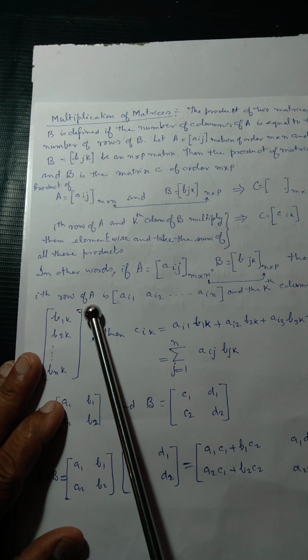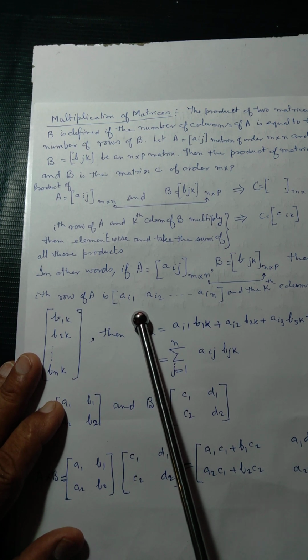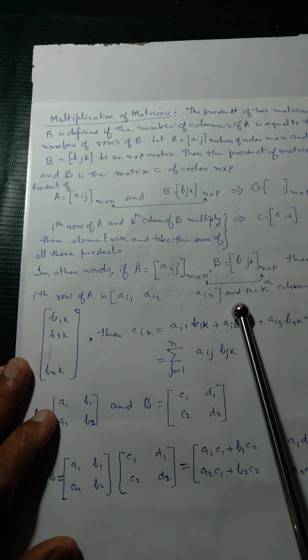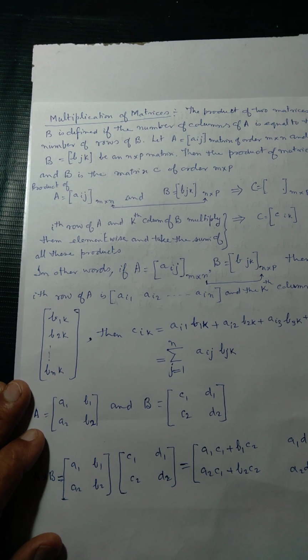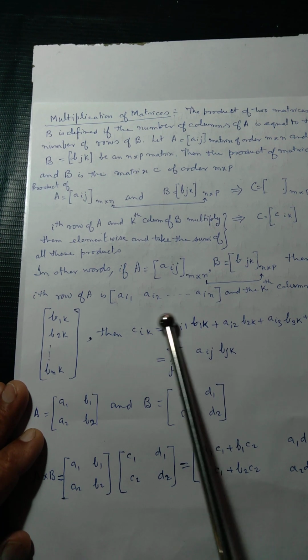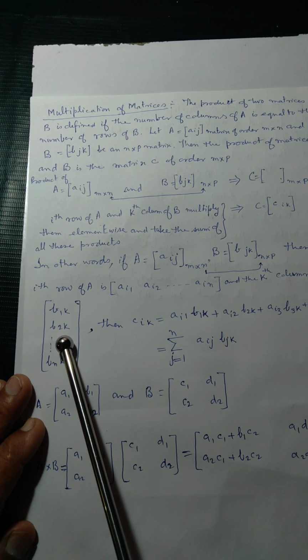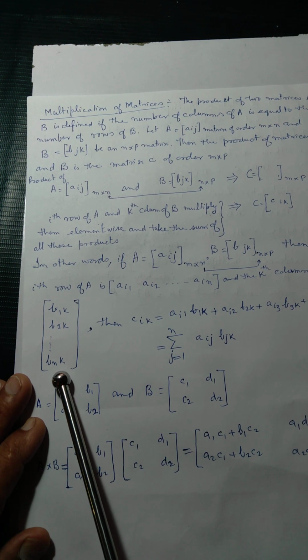Then the ith row of A is Ai1, Ai2, up to Ain. And the kth column of B is represented by B1k, B2k, and so on up to Bnk.